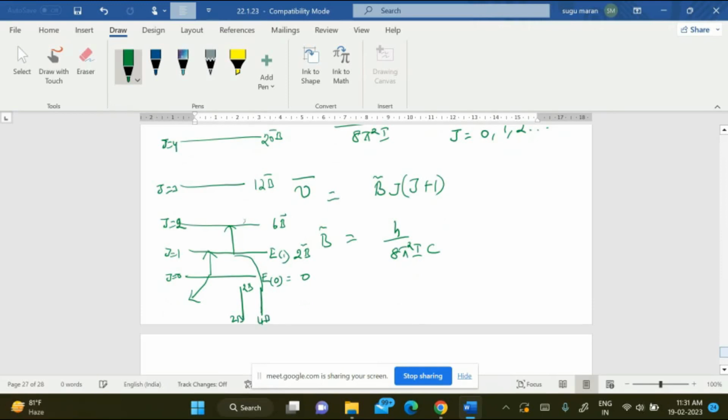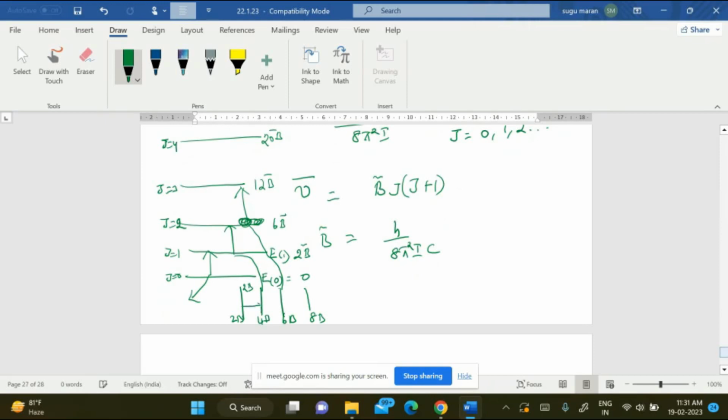A rotating molecule having this energy will undergo absorption of microwave, resulting in a line which is 6B, and the subsequent lines are 8B, etc. So the energy levels are not symmetric, but the lines formed by the different transitions are 2B, 4B, so there is some harmony, some symmetry in it.